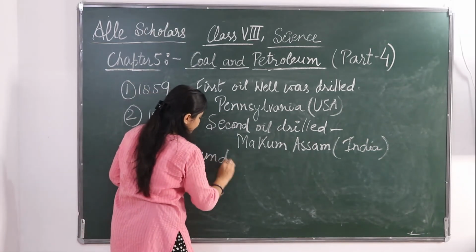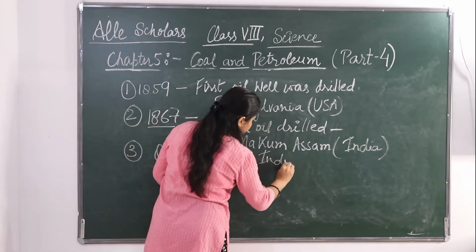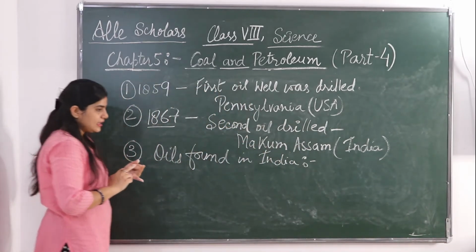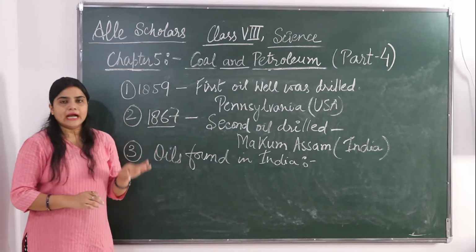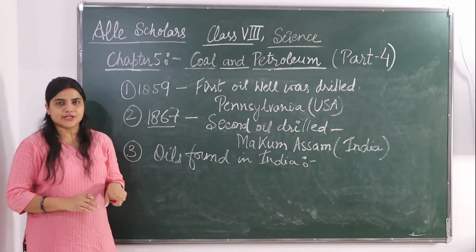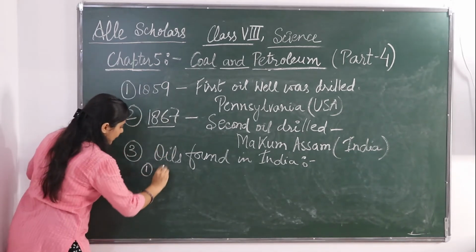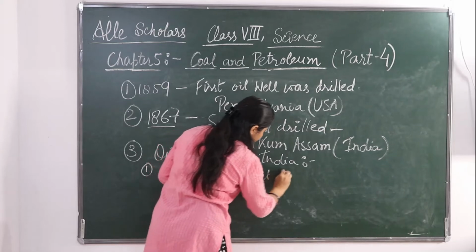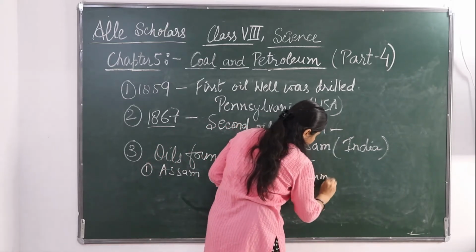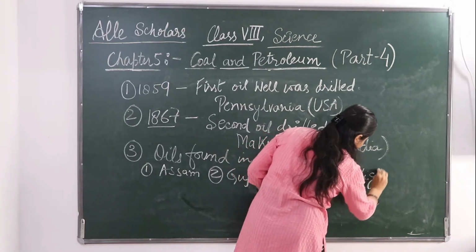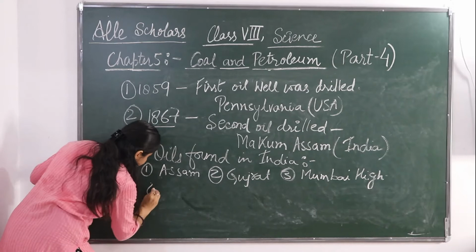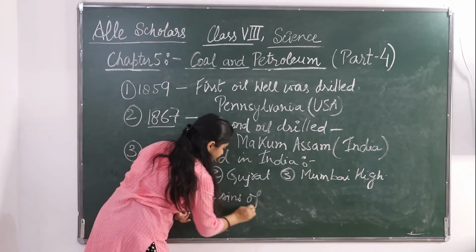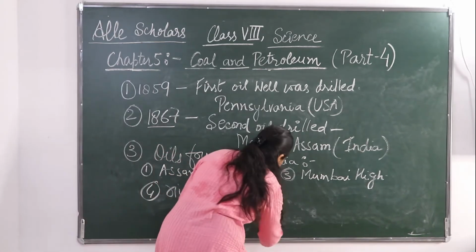There are 4 main places where oil is found in India: Assam, Gujarat, Mumbai High, and the river basins of Godavari and Krishna.